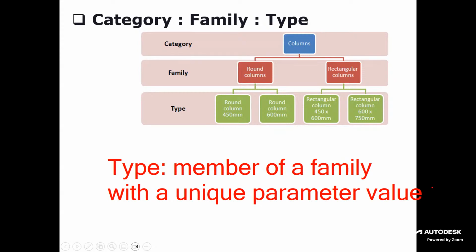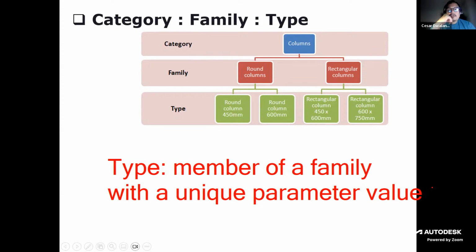Is there any opportunity to have unique conditions where maybe it's a mash of two things, like round and rectangular in one column, or just something that's an anomaly? How do you handle those? Yeah, then you create a new family.